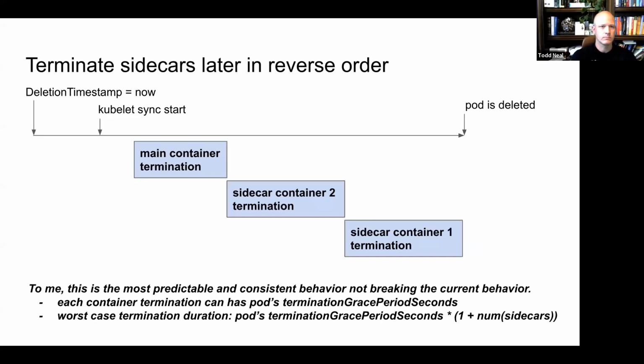When does it start? I think it's the same time as the initial one, there's one pod-level termination grace period seconds. And if your main containers use it all up, then sorry, your sidecars get a minimum of 2 seconds. So it means that we have to make one baseline, which is not the current implementation.